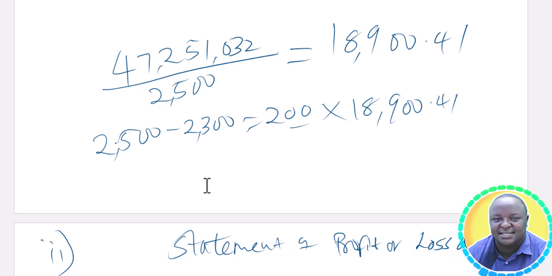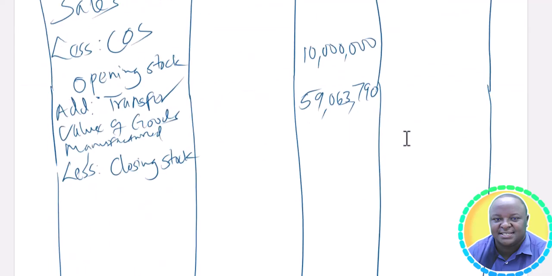We are going to get 3,780,082. So this is the figure we are going to have as our closing stock.